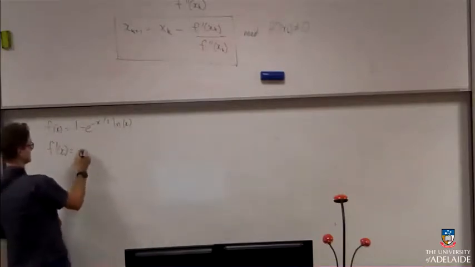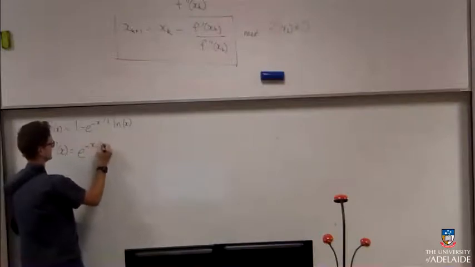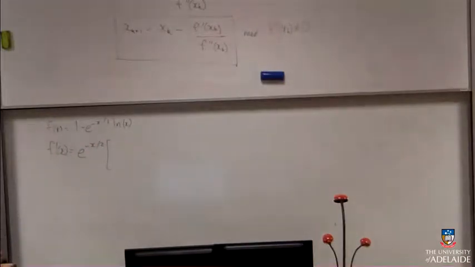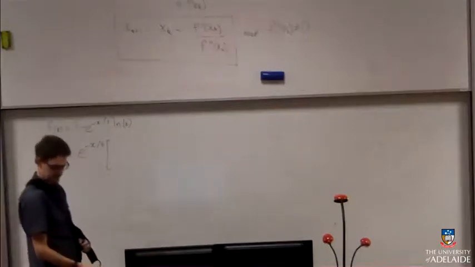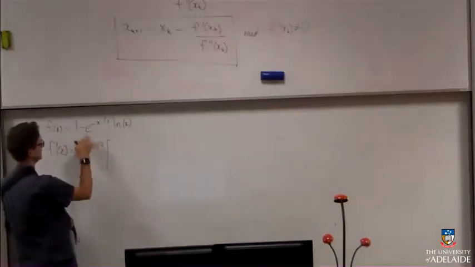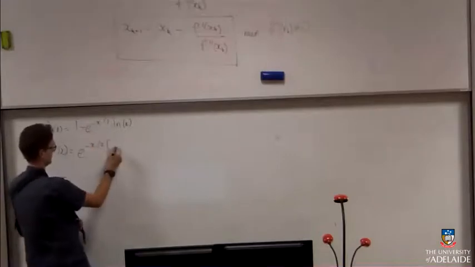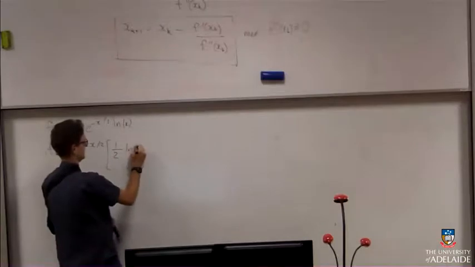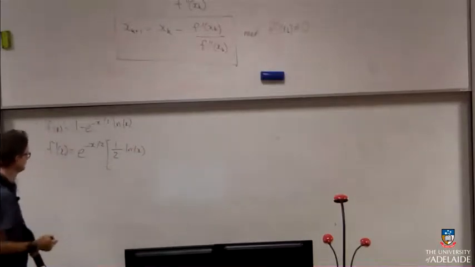So I'm going to differentiate. I'm going to get an e to the negative x on 2, always appearing outside here. And then if I differentiate the first thing first, I'm going to get negative of negative a half, so that'll be a half times ln of x.